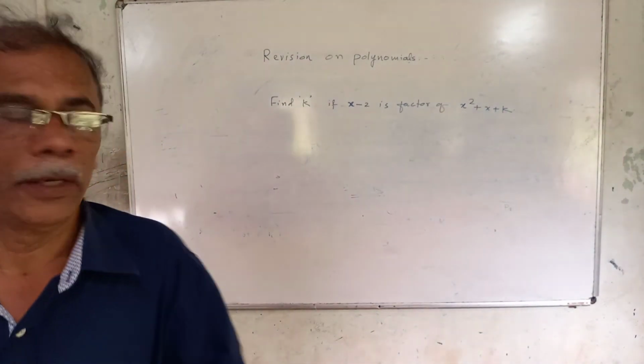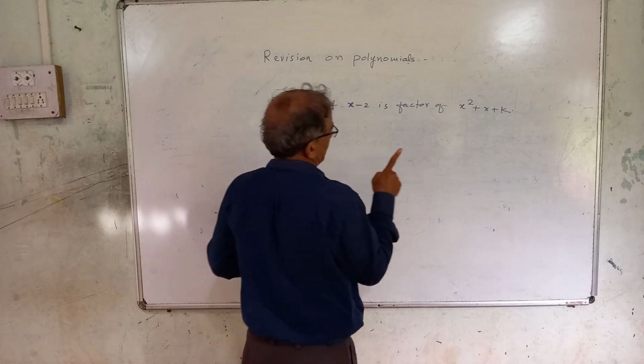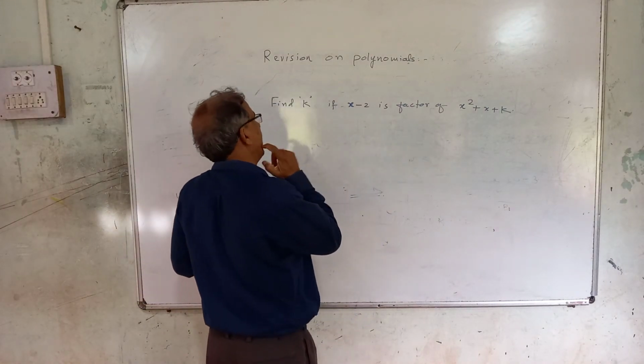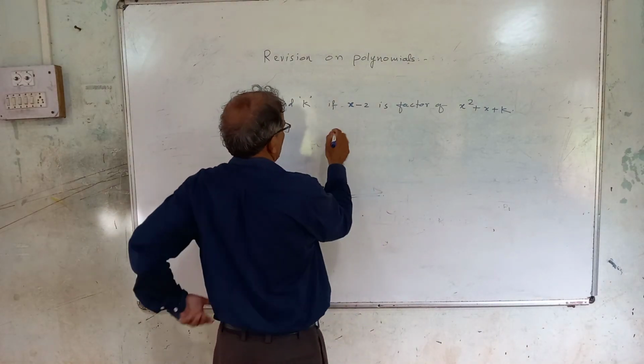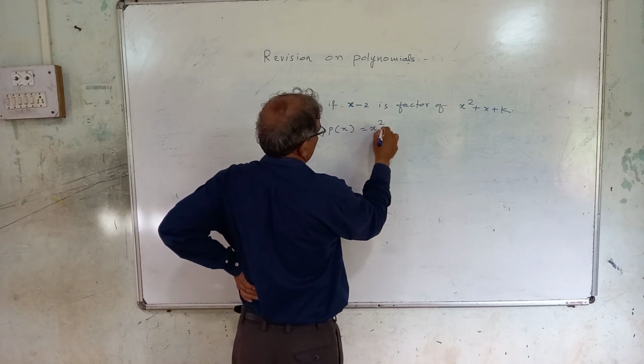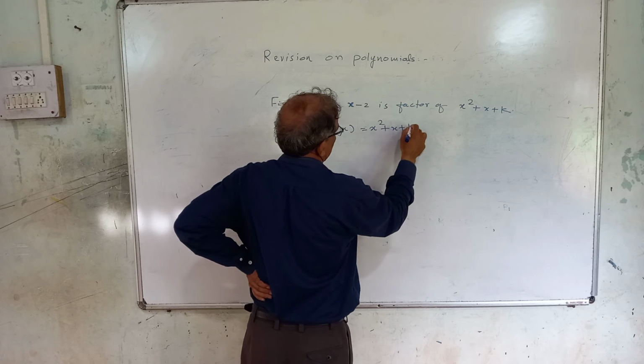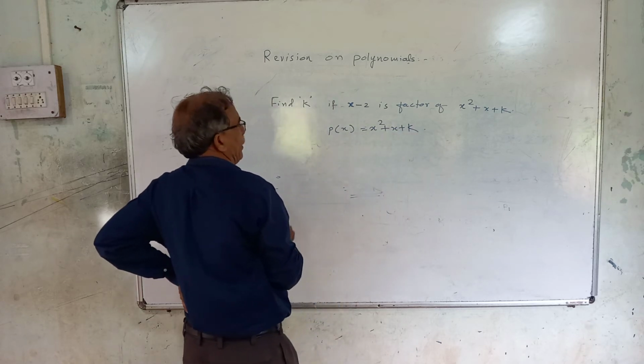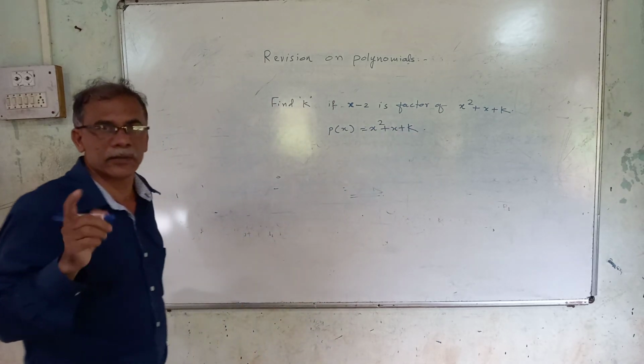Now we are given the polynomial x square plus x plus k. It is a quadratic polynomial, and x minus 2 is the factor. So what is the polynomial given? P of x is equal to x square plus x plus k. And what is the factor? x minus 2 is the factor.